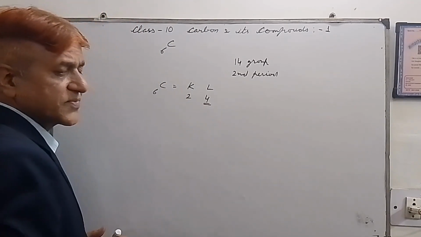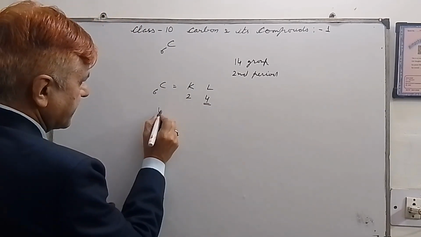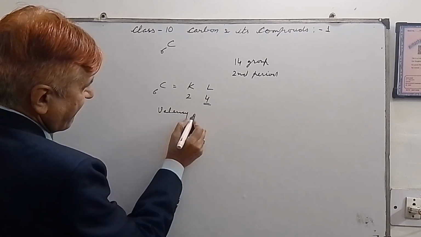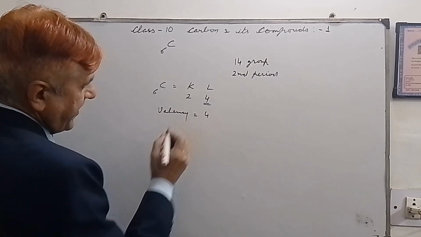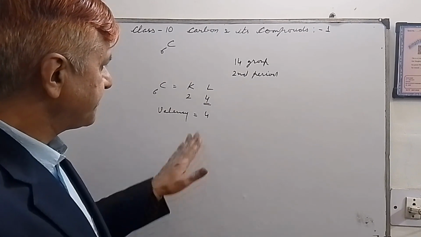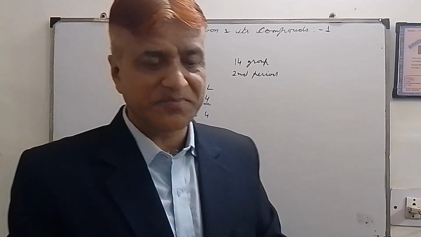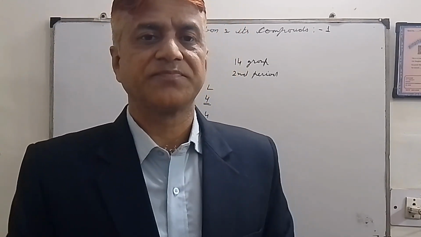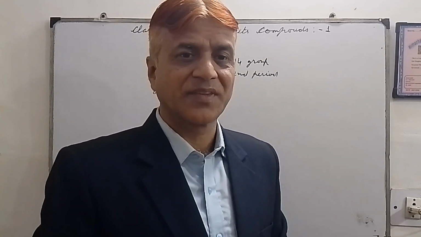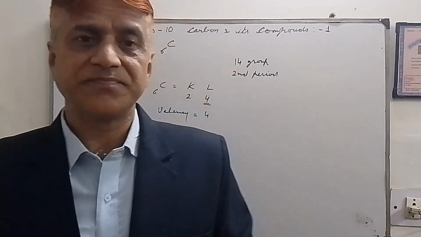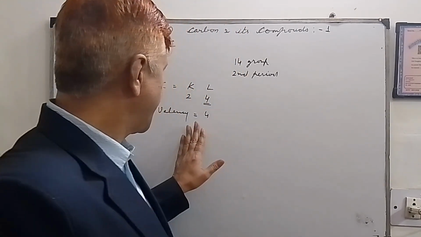Its valency is 4. And carbon forms covalent compounds, covalent bonds, when it combines with other atoms.